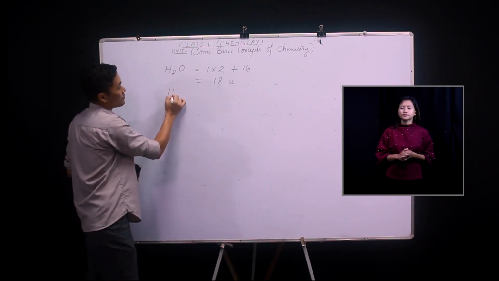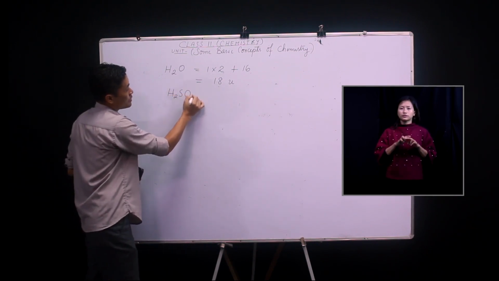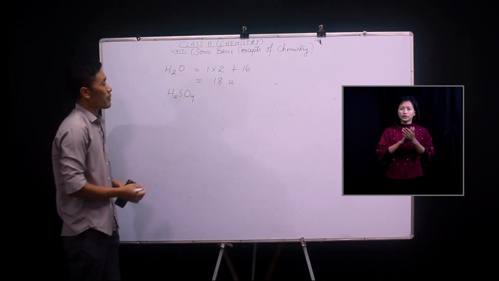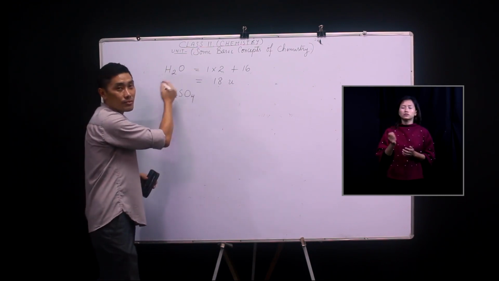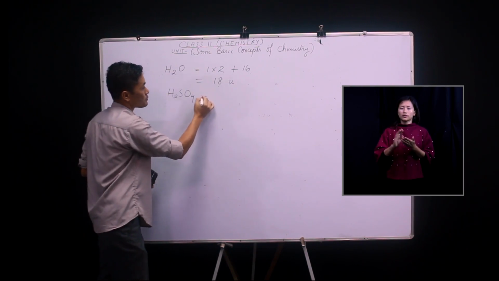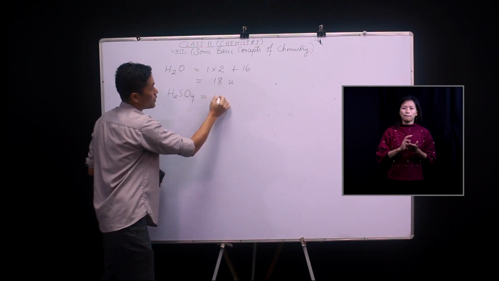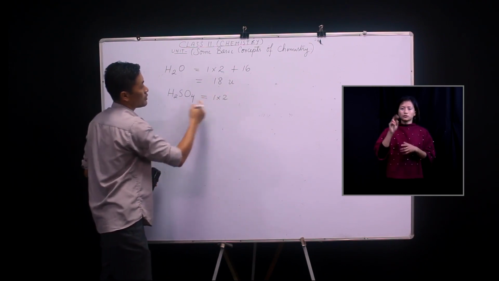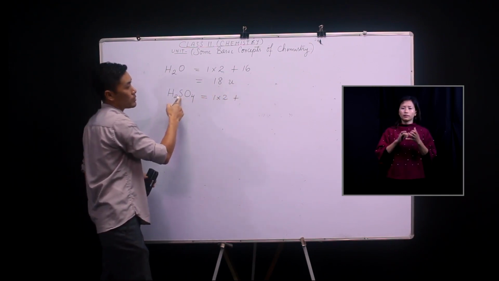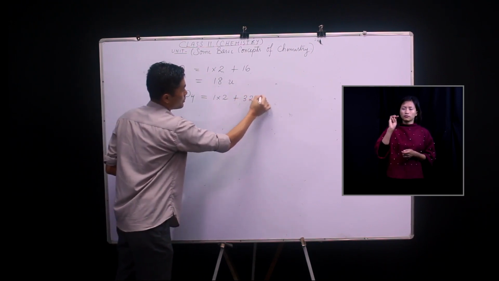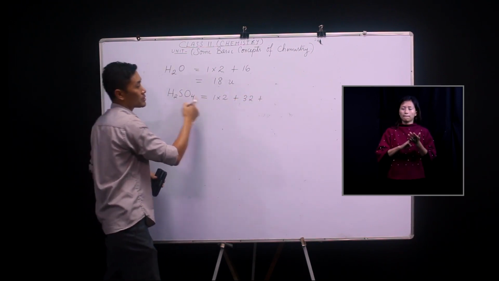Likewise, if we have H2SO4, sulfuric acid, what will be the molecular mass of H2SO4? Mass of hydrogen will be 1 × 2 again. Mass of one sulfur atom is 32. Mass of one oxygen atom is 16.